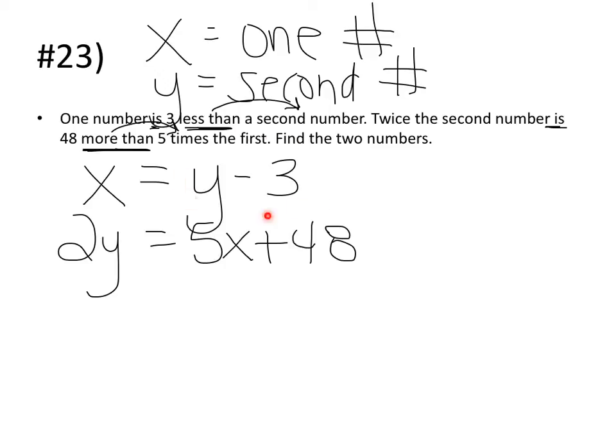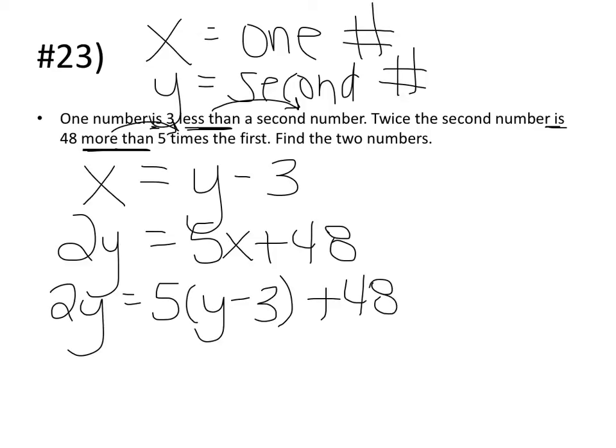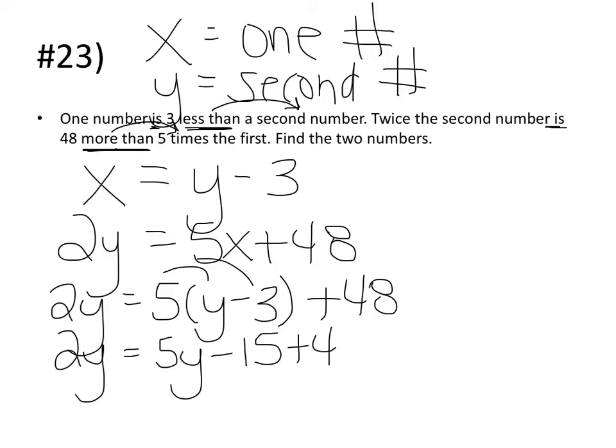So we're going to sub y minus 3 in for x. So 2y is equal to 5 times y minus 3 plus 48. Distribute your 5. 2y is equal to 5y minus 15 plus 48.